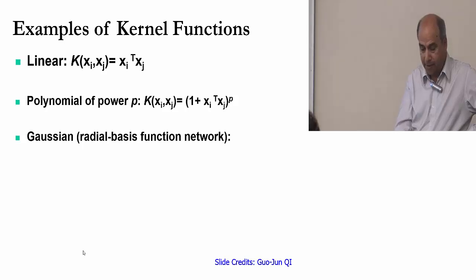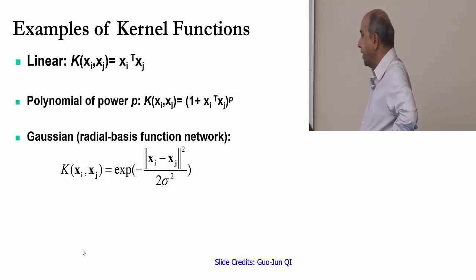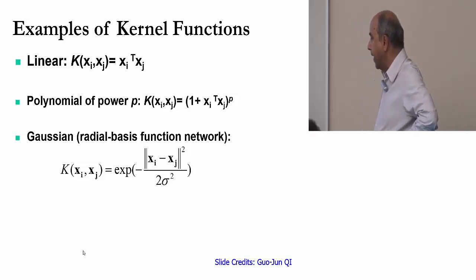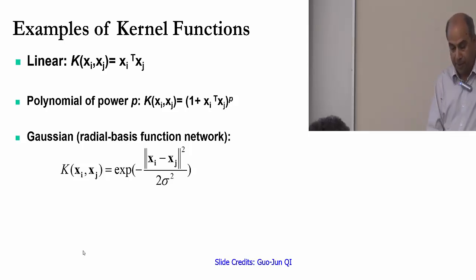And this is called the Gaussian radial basis function. We take xi and xj, find the difference, the magnitude of that, and then apply the Gaussian. So this is again Gaussian, in a very different application. Sigma is the parameter of this kernel, while for the polynomial kernel the parameter is p, the degree of the polynomial.